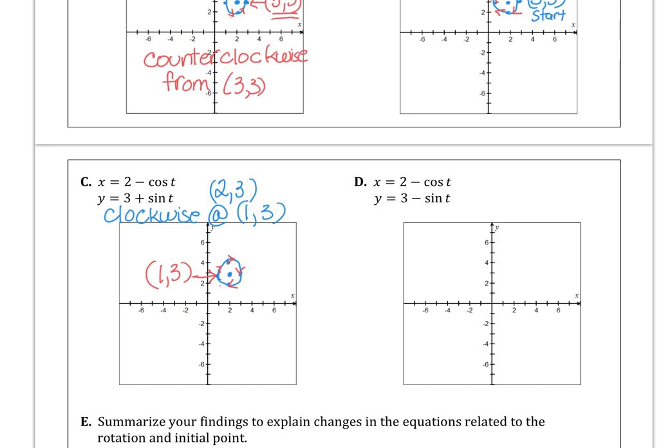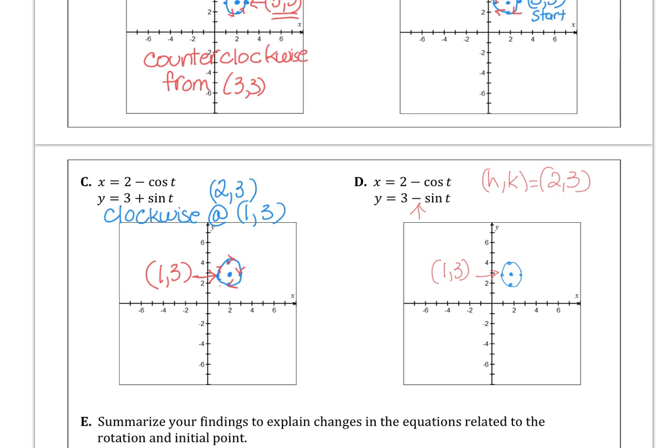Clockwise from 1, 3. And then the last one, we've got 2 negatives on here. So we have an h, k still at 2, 3. That's our center, 2, 3, and 1 unit away for each one. The circle is there, but because it's negative on cosine and negative on sine, we're going to start at 1, 3, so it's still on the same left side for cosine.